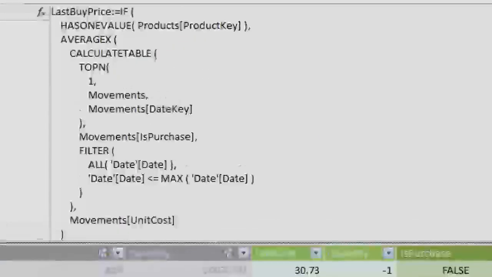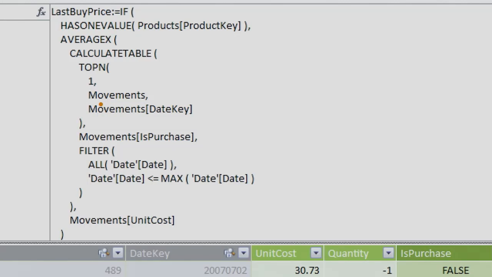So the idea is that, first of all, the last buy price can be evaluated only if we are selecting a single product. So if I try to call this measure having more than one product selected, I will return blank. Now, if you think about it, in the previous formula I had a SUMX. So I will call this measure within a loop that iterates every product.